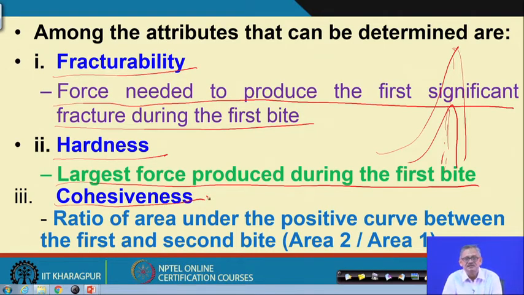Cohesiveness is the ratio of the area under the positive curve between the first and second bite, that is, area under 2 by area under 1. If you remember, we can go back.